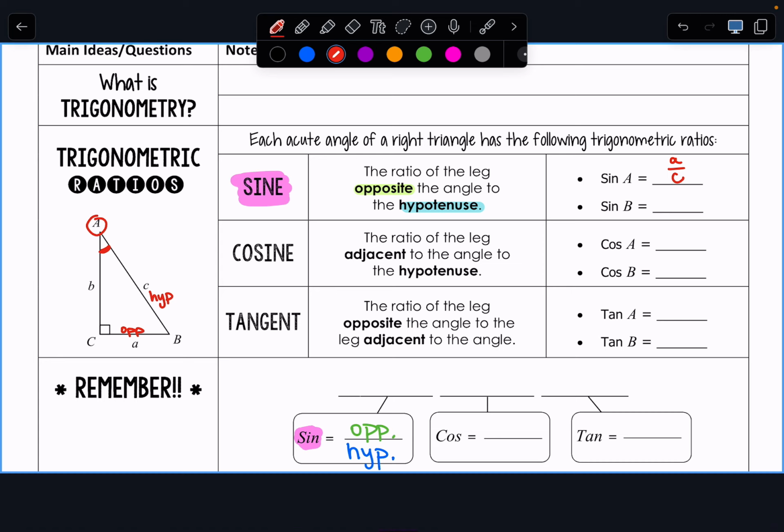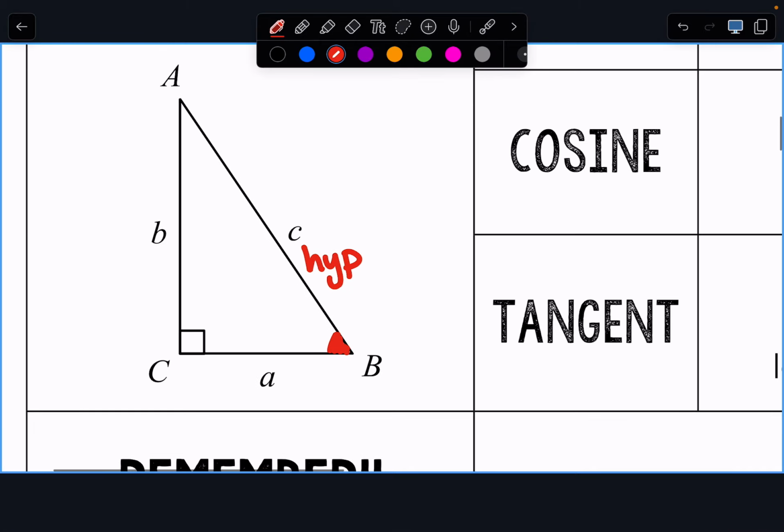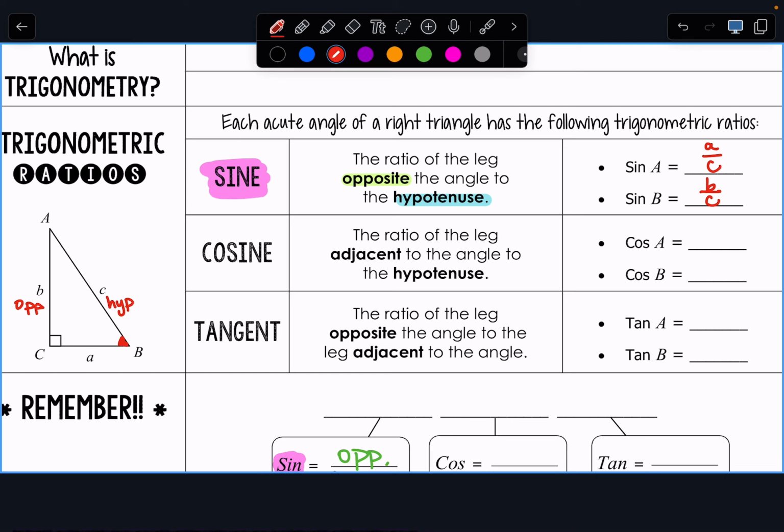Now, if I'm talking about angle B, which side is opposite now? So our sine ratio is B over C if we're talking about angle B. So the ratio is going to be dependent on which angle we're looking at.